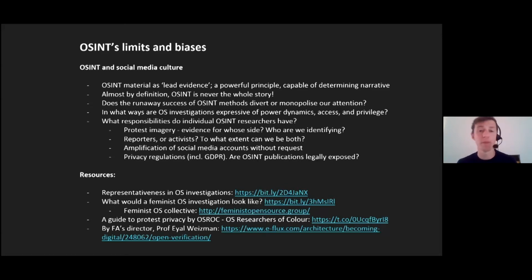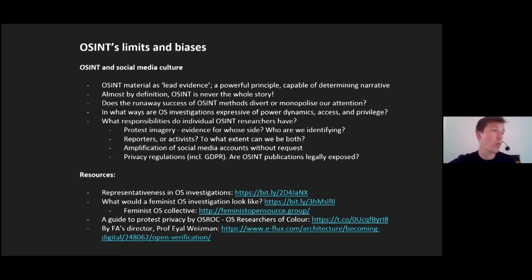Because almost by definition, open source intelligence and open source investigation is never the whole story. What's available in the public domain is only that. Often it will be a great deal, but there is always information which is closed source, which individuals know or which states are keeping from us. We might think about whether the runaway success of some of the open source research methods that Forensic Architecture and others have used monopolizes our attention.